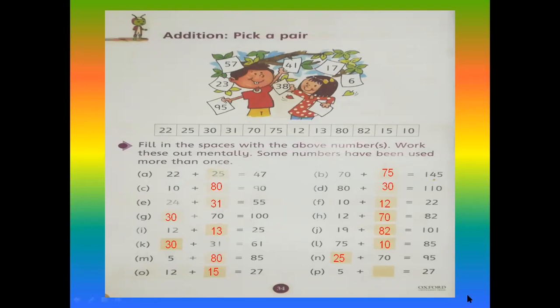Because the first digit of the answer is 7 and it is 5, it means the second number's first digit should be 2, and it is 22, and also 12, because if you add 5 into 12, it will become 17. So 22 is our second number.